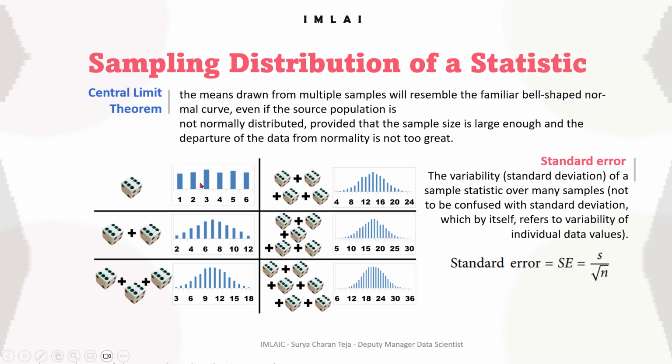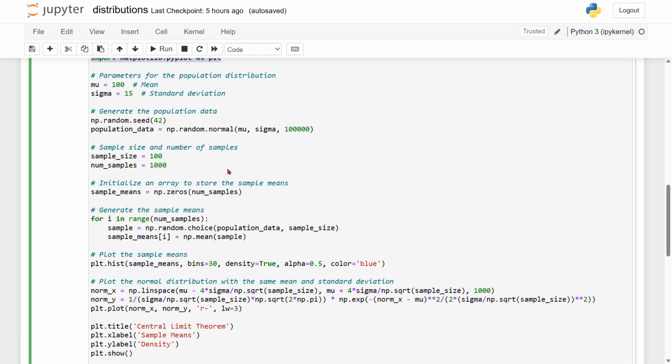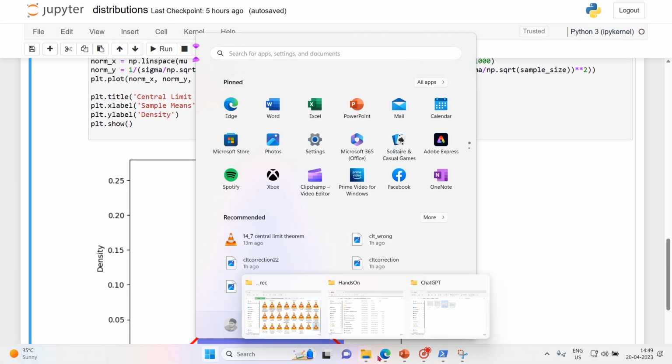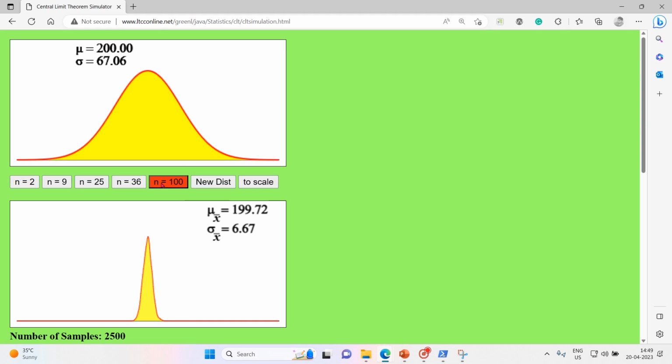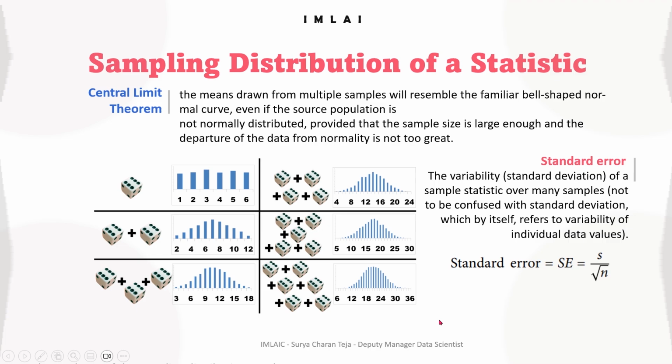That's the reason from this distribution, we are approximating the normal distribution. As the sample size increases, the standard error decreases, corresponding to what was observed in this picture, and also in this picture or in this simulation.